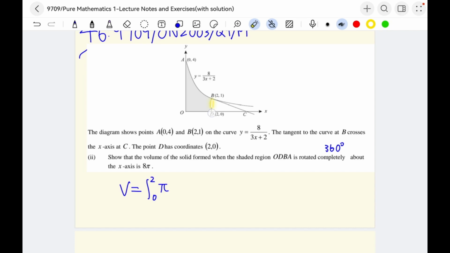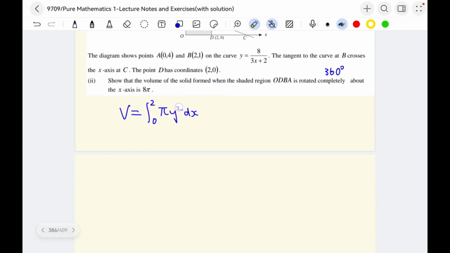The y squared is actually the radius of each point. Each radius of the disk is different, depending on y with respect to x. So it's y squared and dx. dx represents the height, and eventually we have to sum up every height. And y, of course, is different. As we know, integration is a sum. So here's the formula. All right.